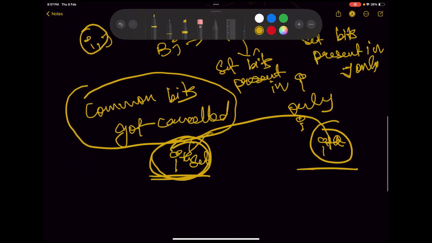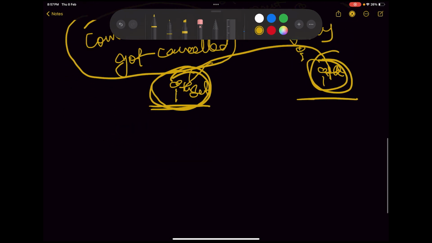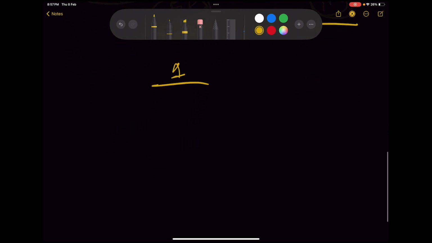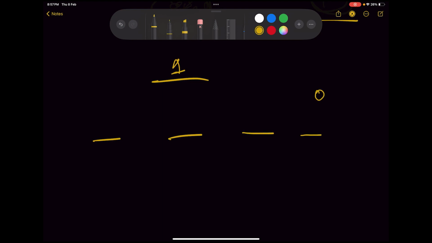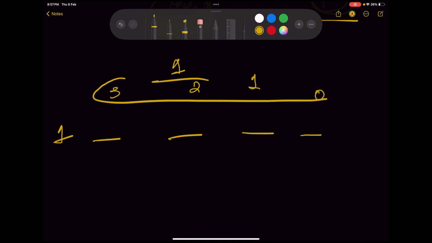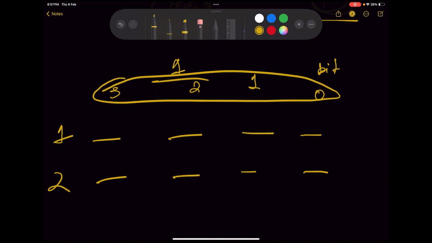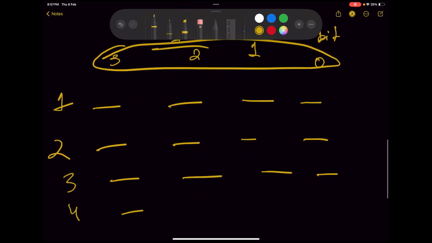So if we are using set bits at any bit position, let's say these are the bit positions 0 1 2 3 for the first element, second element, third element, fourth element, and so on.